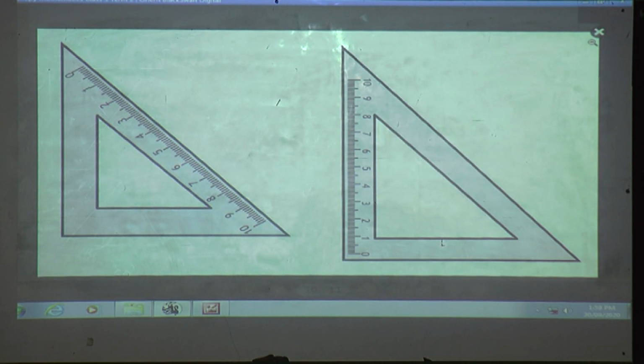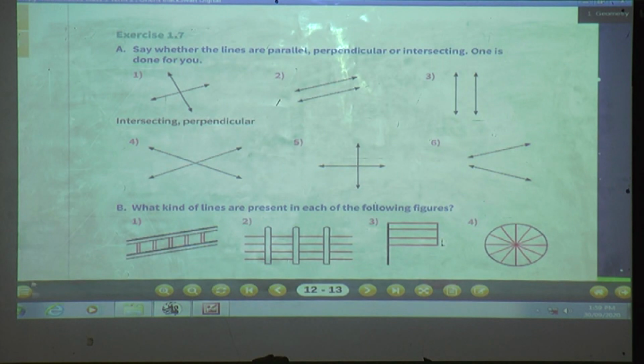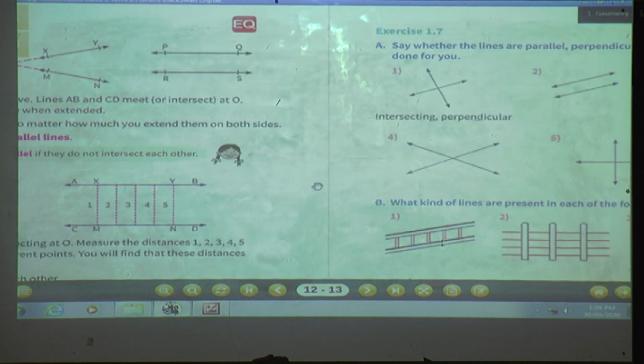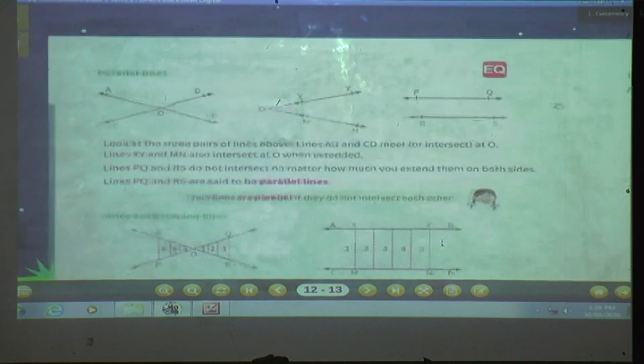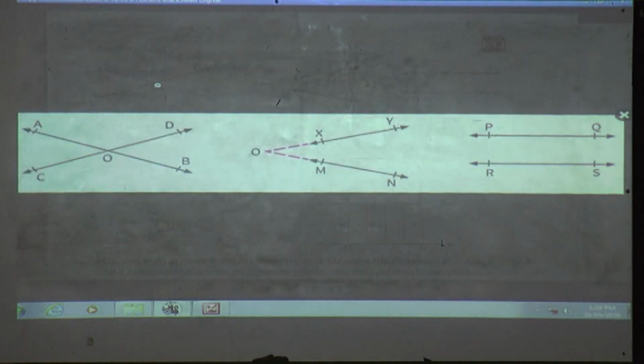Now we will see our next page, page number 12. Parallel lines. See the first figure. Here are the two lines AB and CD.